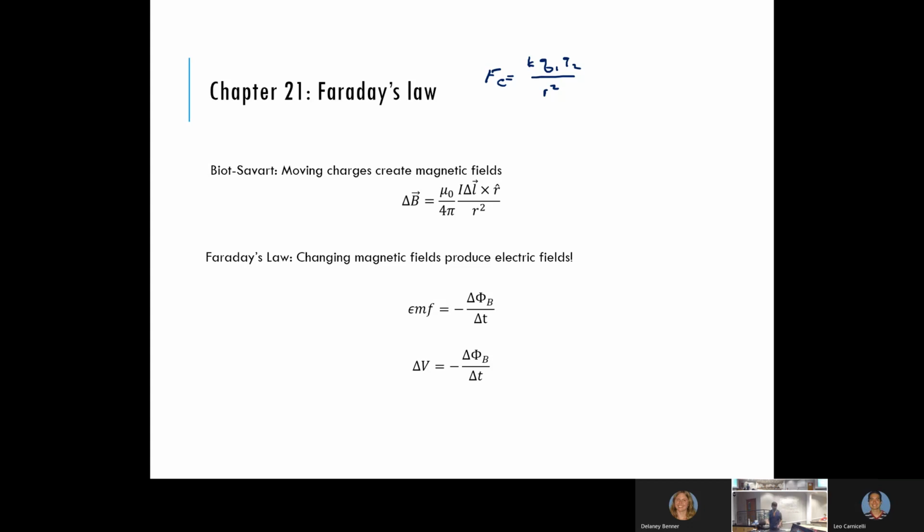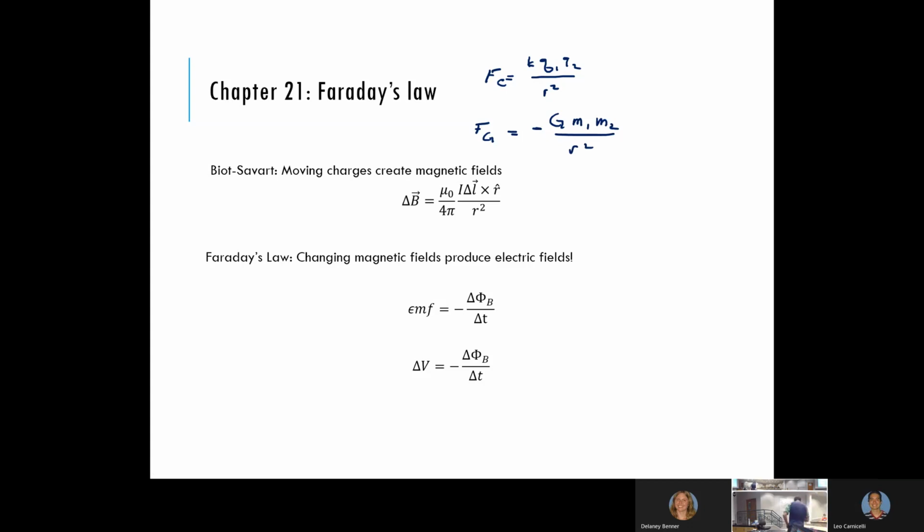Gravity is the same way. If you remember the force of gravity, you have G M1 M2 over R squared, and there was a negative sign out in front.